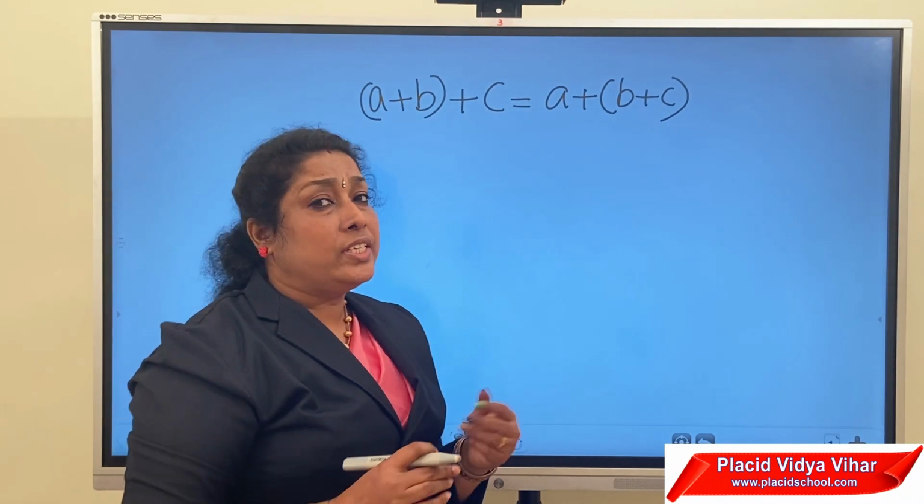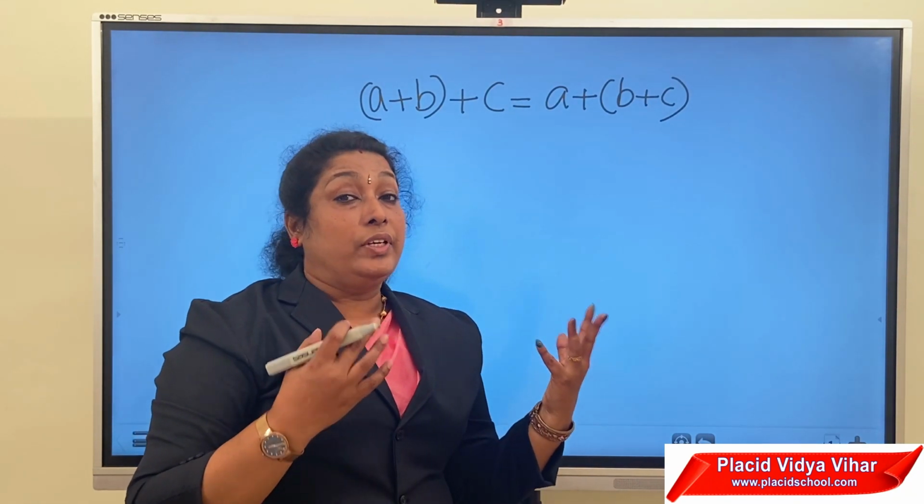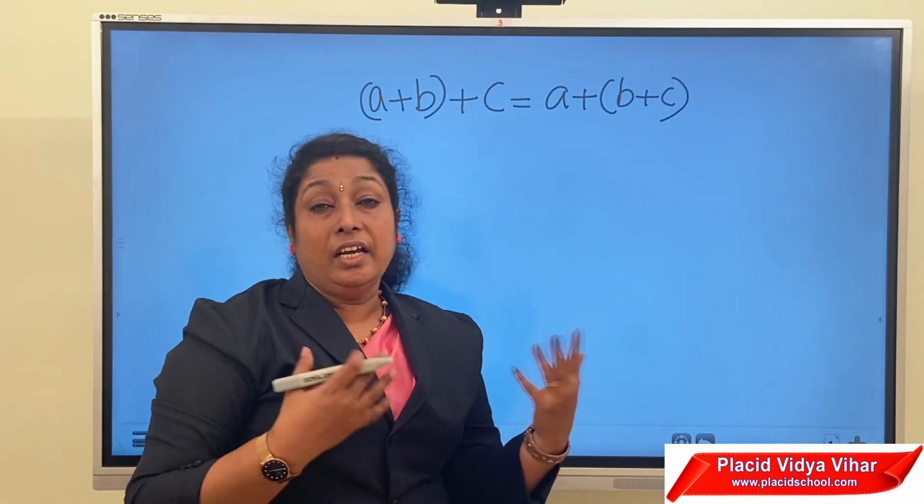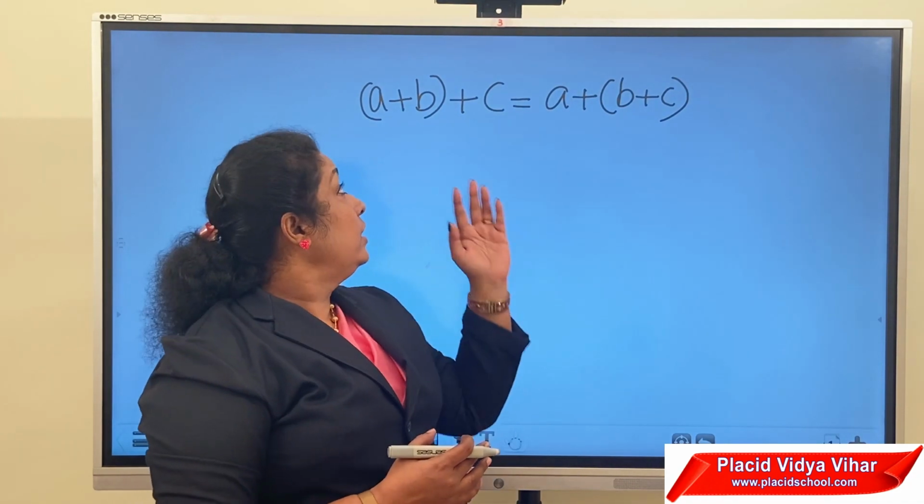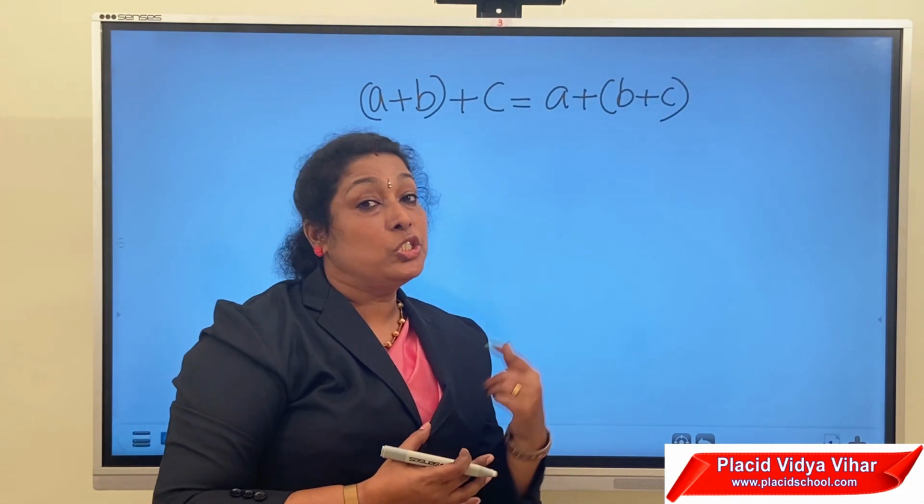For addition, first I will say, if you have three integers a, b and c, then (a plus b) plus c is equal to a plus (b plus c). That is, we have studied that we can add integers in any order. So, let us check whether this is true.